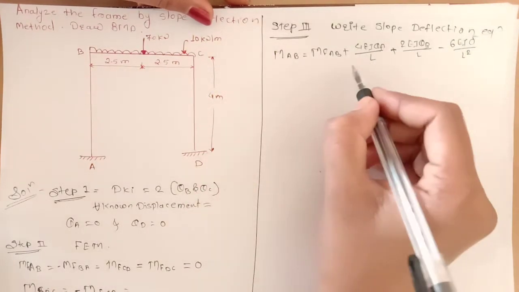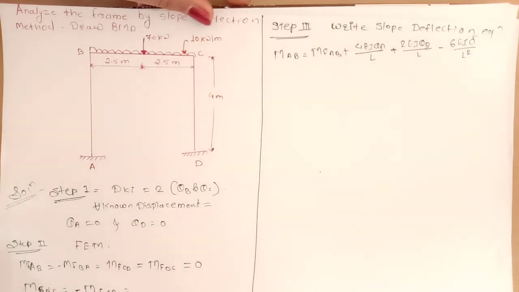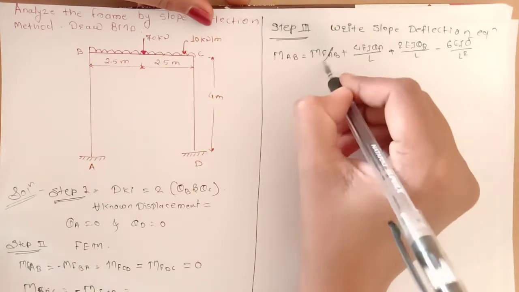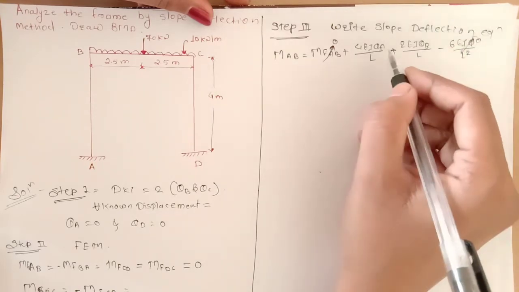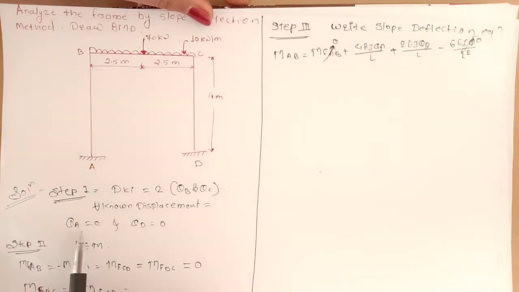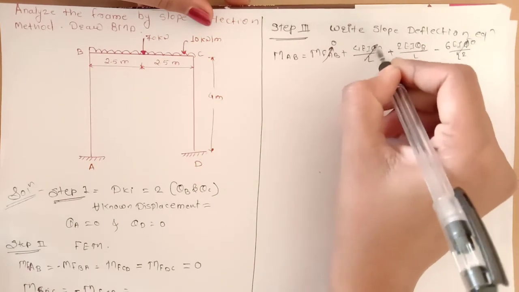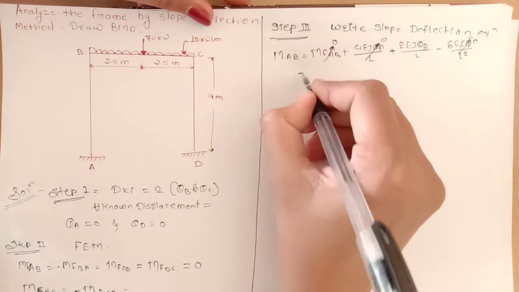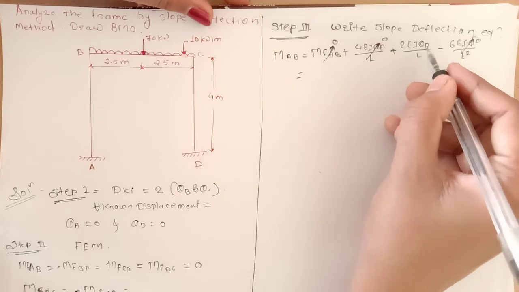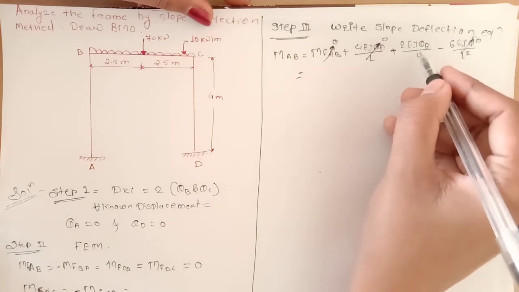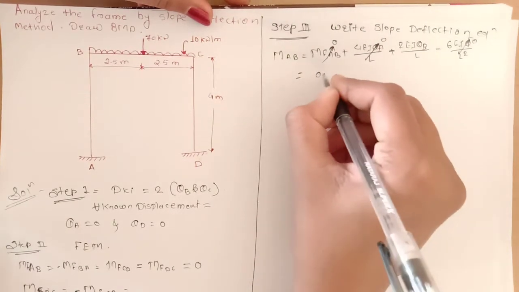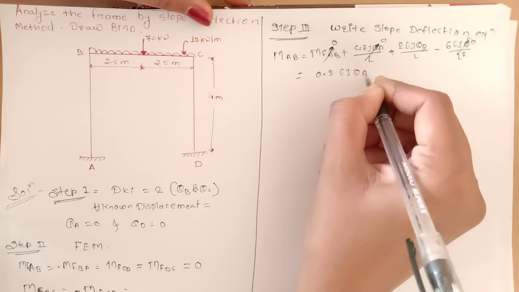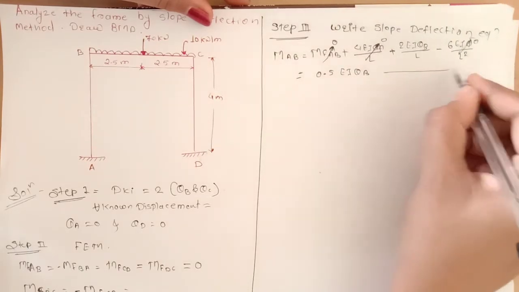We know the fixed end moment is 0, already calculated in step two, the delta term is also 0, and theta A is equal to 0. So this whole term is 0. The remaining term is 2EI theta B divided by L. L is 4 meter. So 2 divided by 4 is 0.5 EI theta B. This is equation number 1.